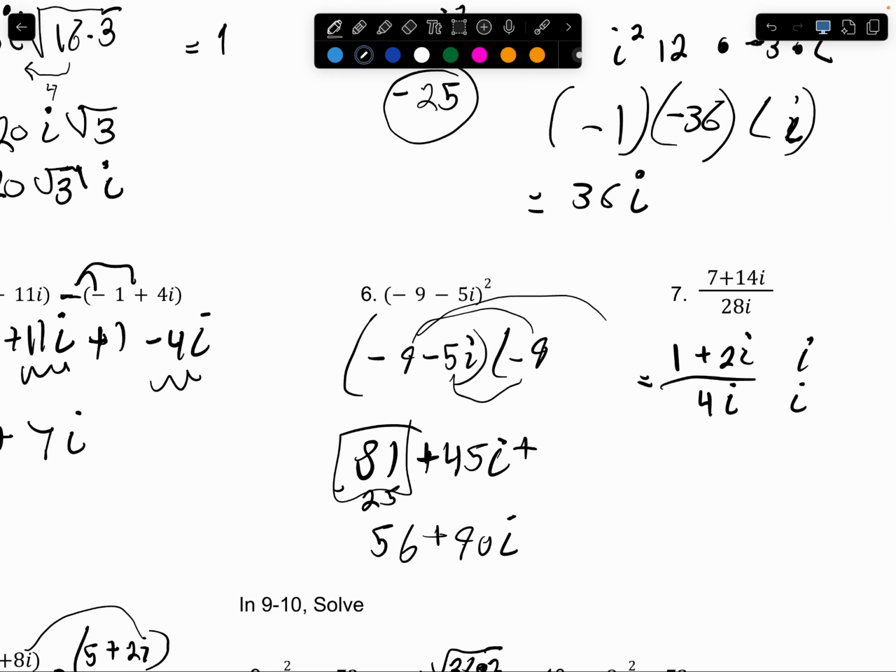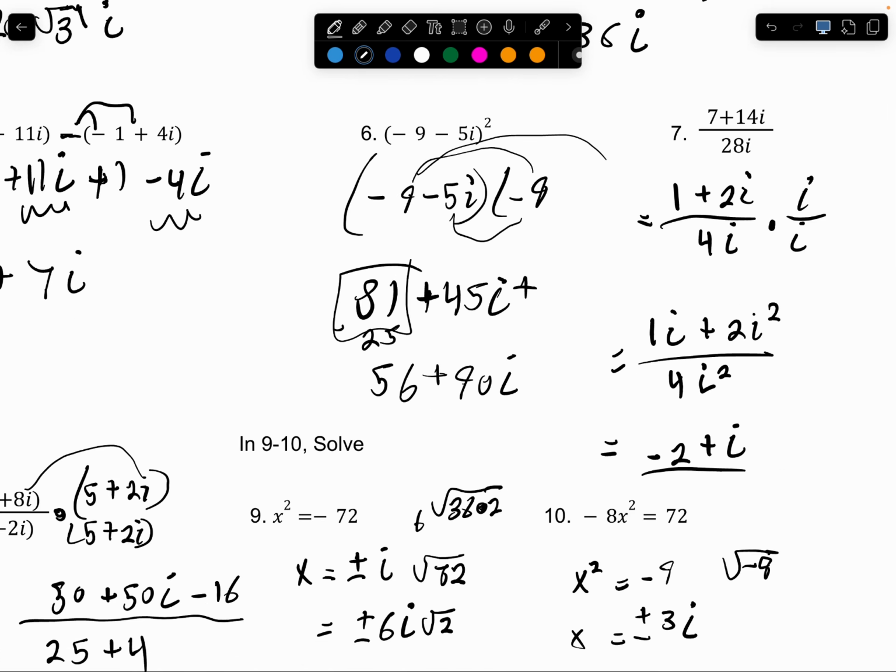Now multiply the top and the bottom by i and get 1i plus 2i squared over 4i squared. And if we want to simplify that out a little more, we have i plus 2i squared, so minus 2 plus i over 4i squared gives me negative 4.